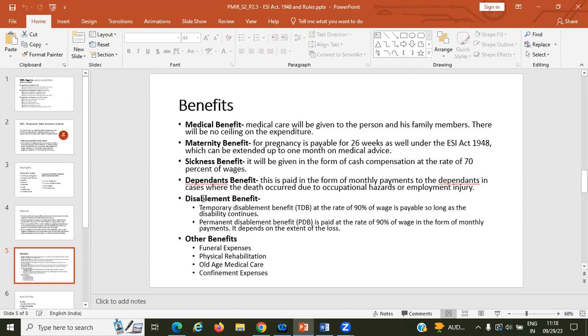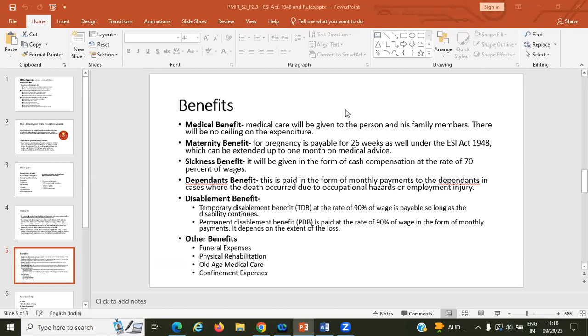Without any expenditure, you can claim the entire expenditure from ESI. Whatever your hospitalization cost and your staying cost, all these things you can claim through ESI. So this is one benefit, medical benefits.